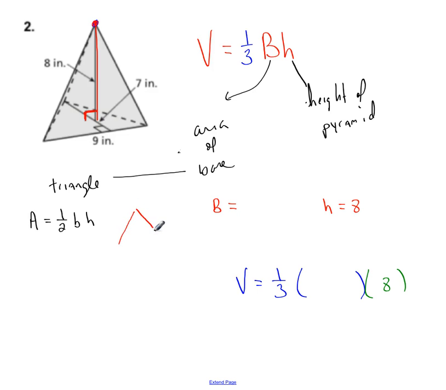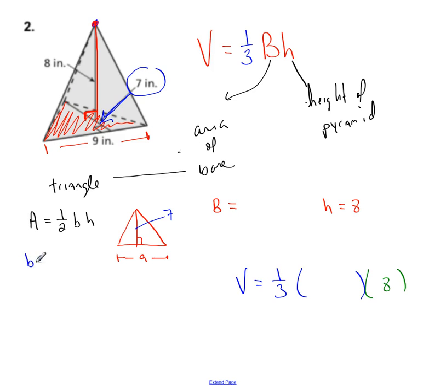So I'm just going to draw that triangle separately, just so I don't confuse it. The triangle that I'm drawing is that bottom triangle right here, which has a 9 going from here to here, that's my base of that triangle, and then it has its own straight line coming down, making a right angle, which is 7.